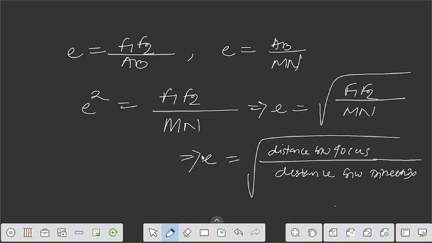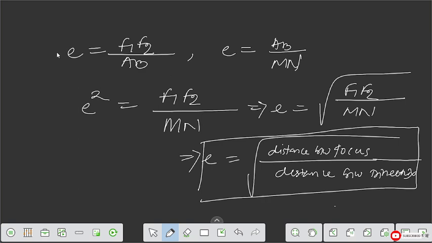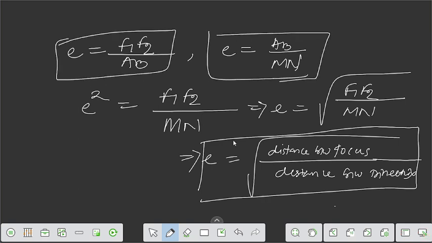This is another formula. This is formula 1, formula 2, and this is formula 3. This is a special formula related to the ellipse.